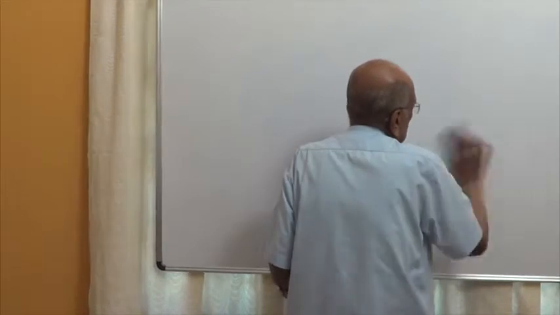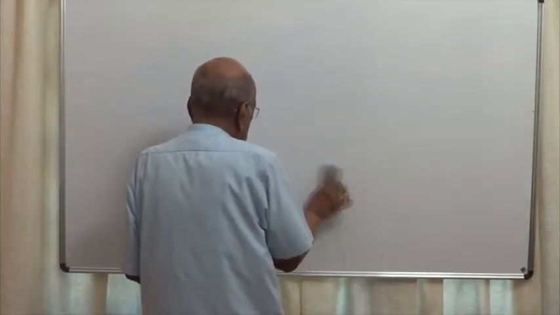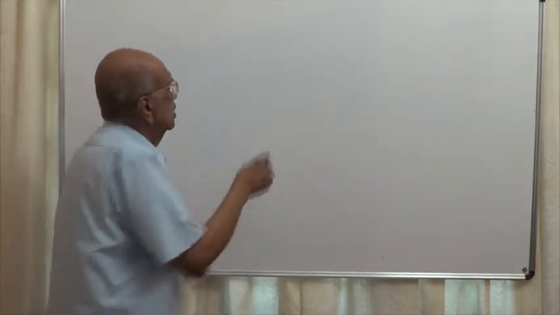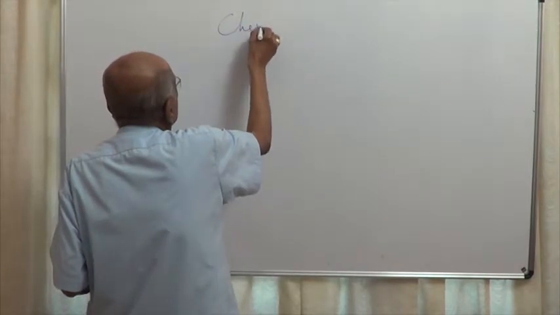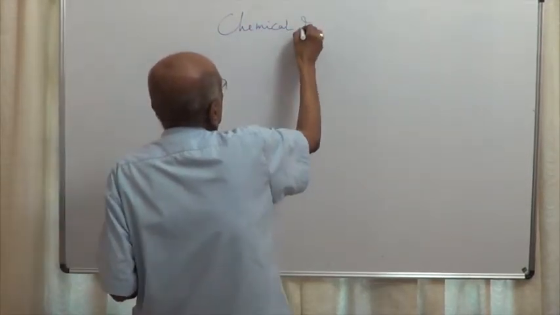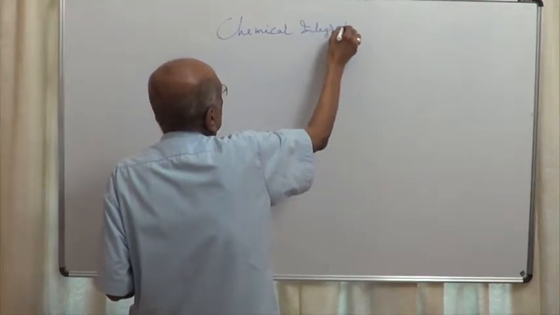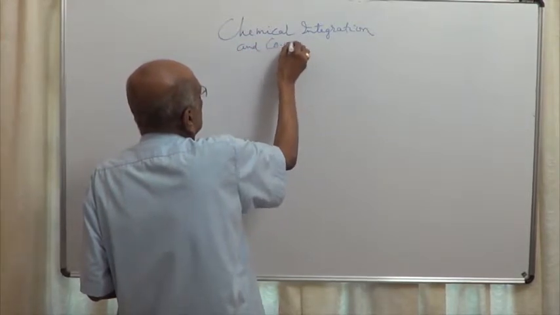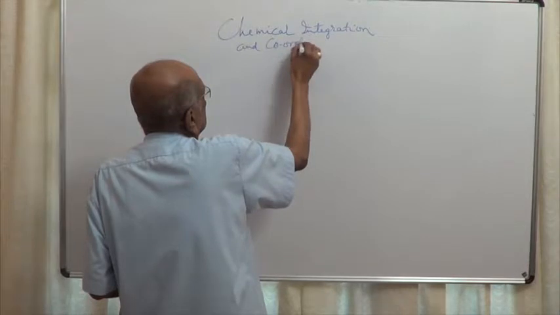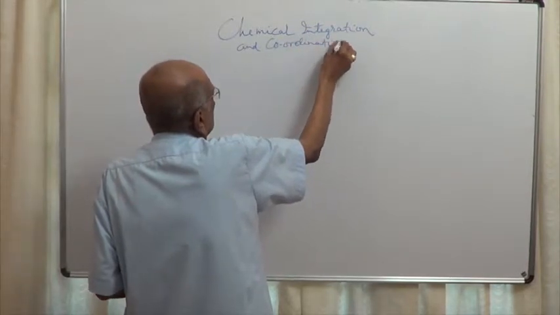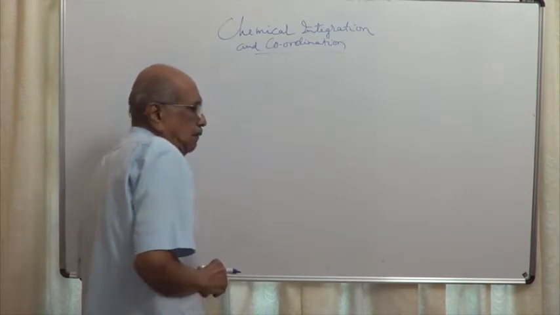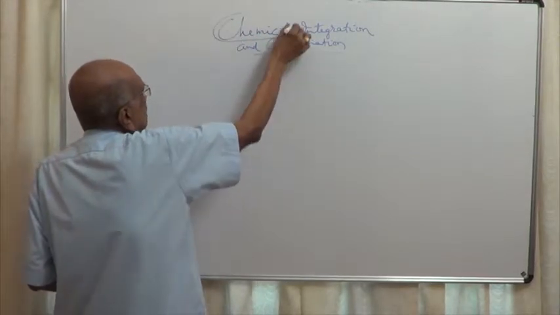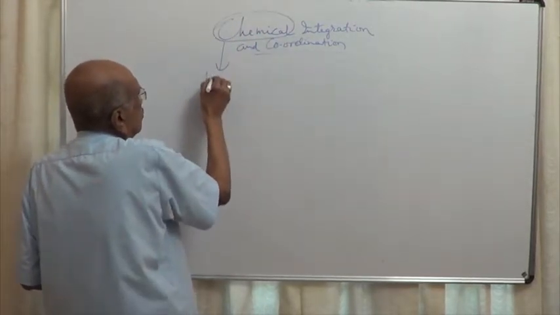With this, we end neural integration and coordination, and we pass on to chemical integration and coordination. Chemical here refers to hormones.